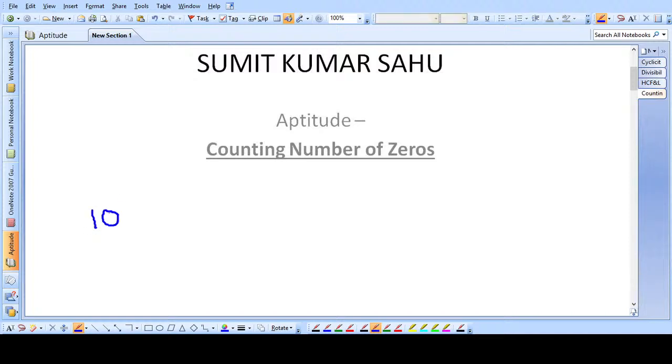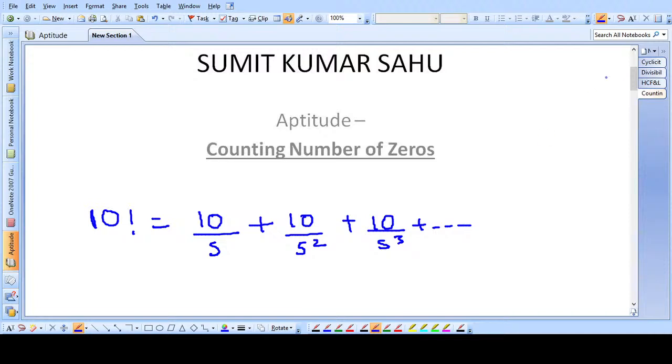If the question is how many zeros are there in 10 factorial, how will you know that? Take 10 divided by 5 plus 10 divided by 5 square plus 10 divided by 5 cube, and so on.